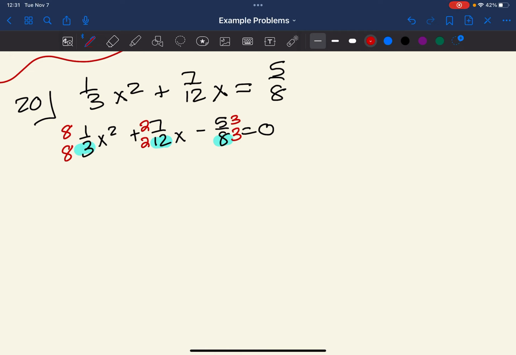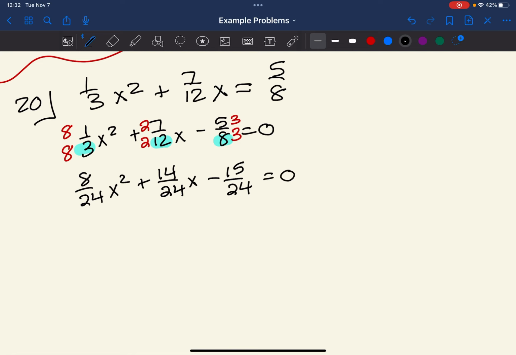So when I do that, I get 8 over 24x squared plus 14 over 24x minus 15 over 24 equals 0.